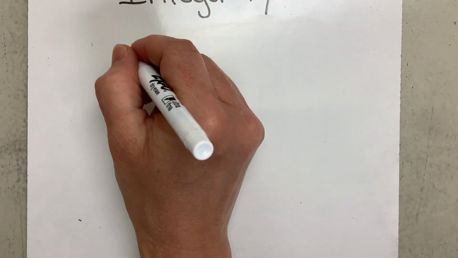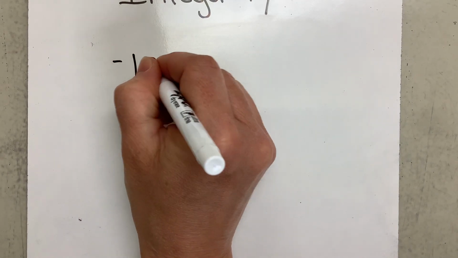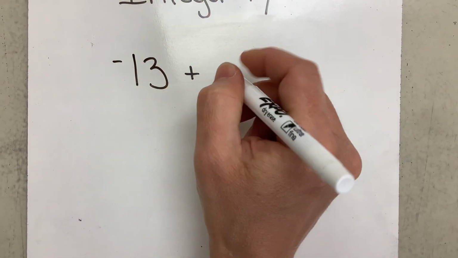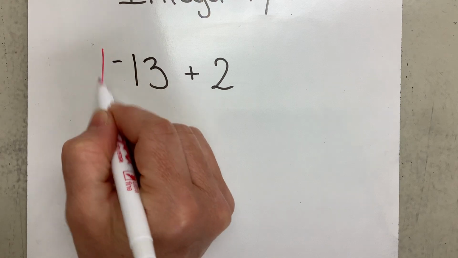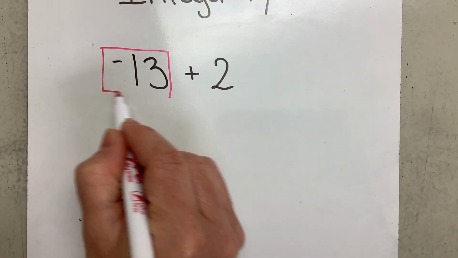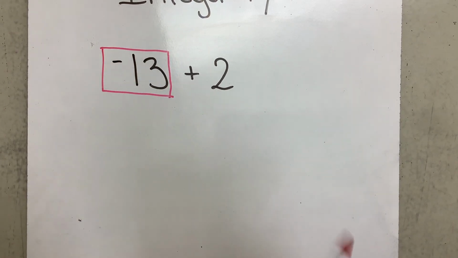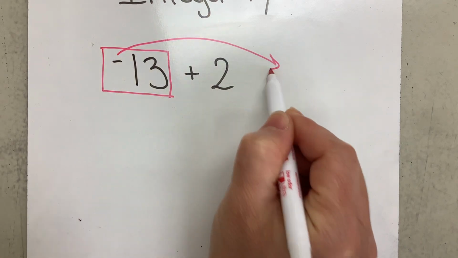The next one we're going to look at is negative 13 plus 2. All right, we're going to follow the same steps. We are going to box the bigger number. Again, we're thinking absolute value. All right, that tells us the sign of our answer.